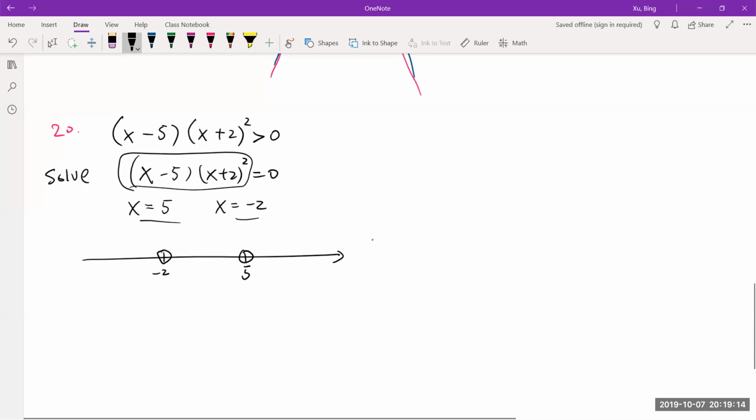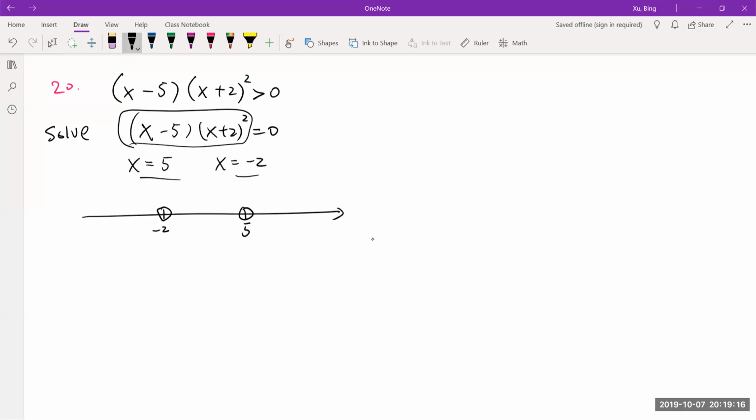Okay, so we want to know when x minus 5 times x plus 2 squared will be greater than 0. First of all, these two numbers are separating our whole number line into 3 sections.